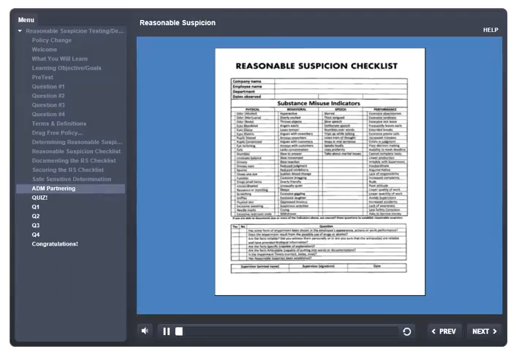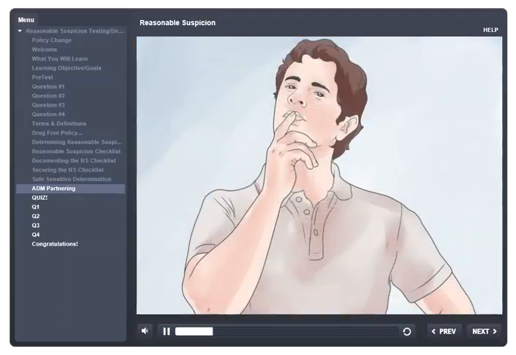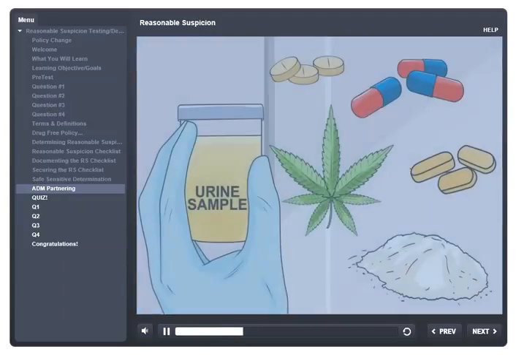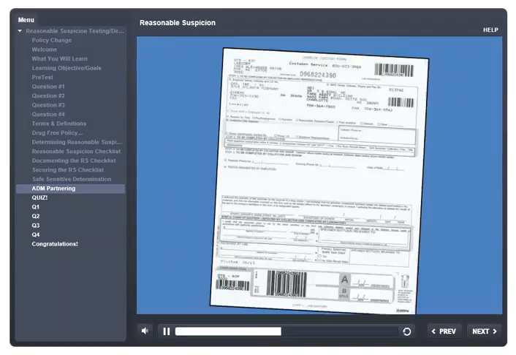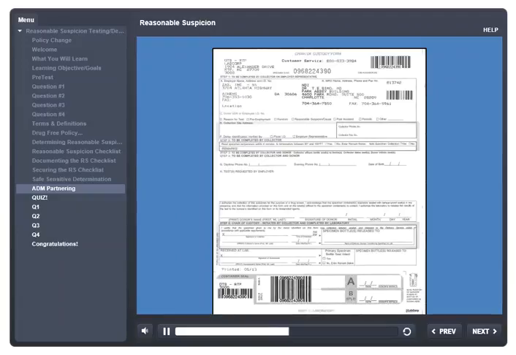Using the completed Reasonable Suspicion Checklist, you should accurately describe the reasons for your suspicions to your ADM. Your ADM will make a decision based on your reason for suspicion to proceed or not with the drug testing. They will also coordinate when and where the test should take place. If you have been instructed by your ADM or risk management department to have a team member drug tested, you must send the chain of custody form with the team member to the doctor.